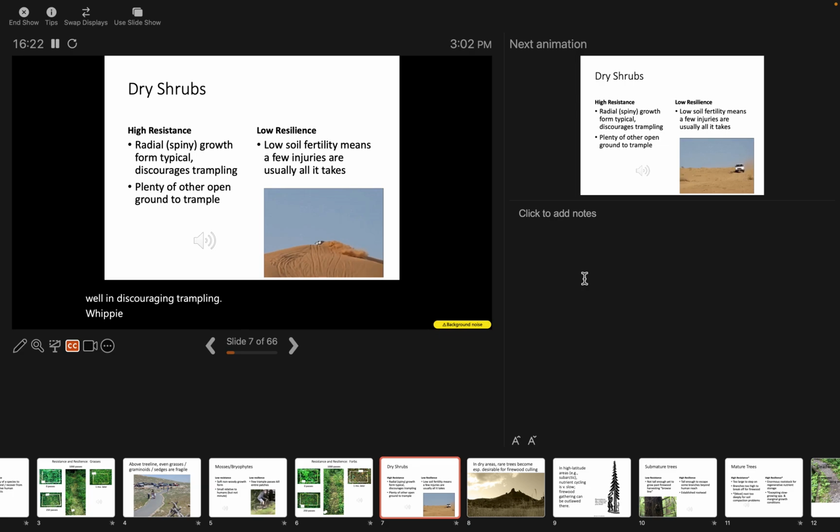Whippy shrubs that are not technically woody, like rubus, raspberry type species, or things that grow in long, thorny, flexible branches. Those tend to be very resistant to impacts as well, for much the same reason, even if they're not rigid, woody growth.